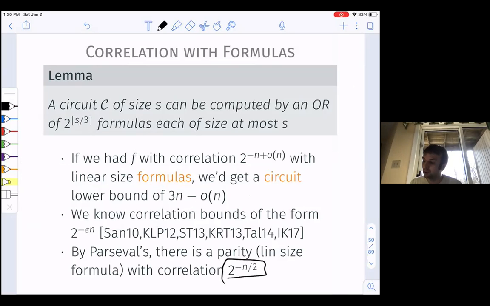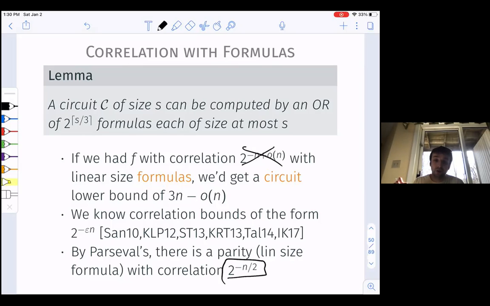We cannot even hope to get this correlation. All right, but from this you can actually recover a circuit lower bound of 1.5n, and a trivial improvement of this argument gives you a circuit lower bound of 2n actually. But this toy example demonstrates to us how to use such structural results for circuit lower bounds.